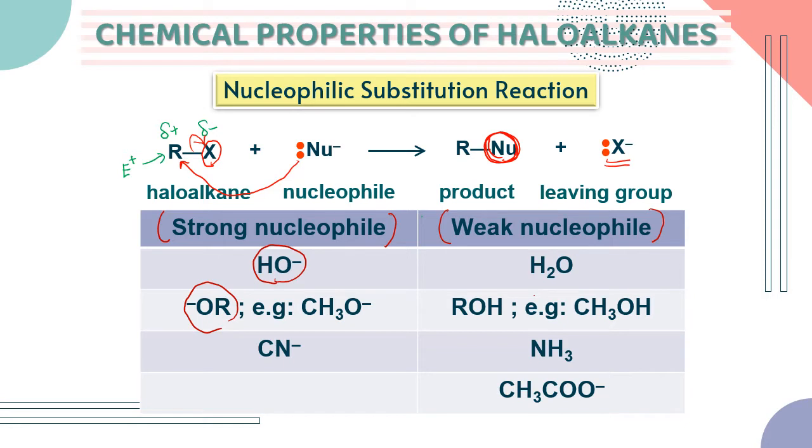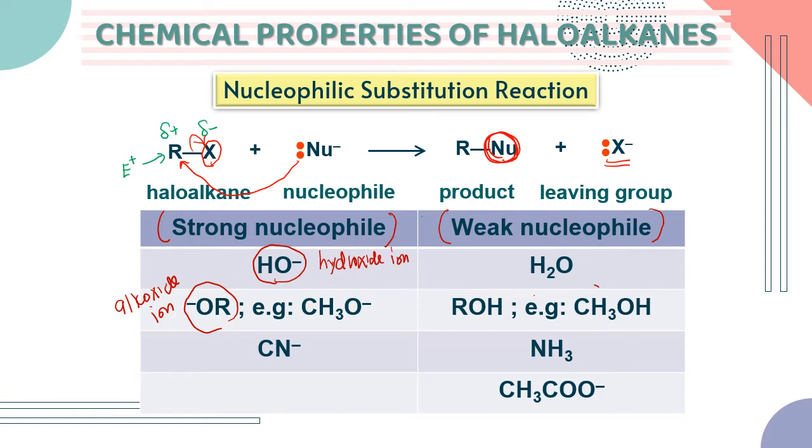The first one you have over here is your hydroxide ion. The second one over here is negative OR, what we call the alkoxide ion.